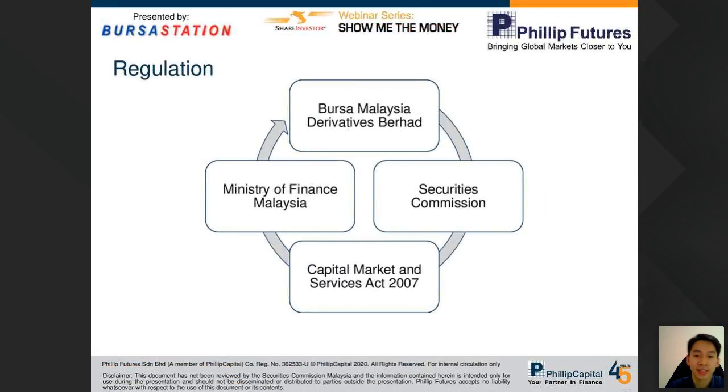Next. Before you invest in any investment or assets, first of all, you must ensure that the products are regulated. Futures trading in Malaysia is traded on the Bursa Malaysia Derivatives Bhd, which is one of the subsidiaries of Bursa Malaysia. It's governed by the Securities Commission.